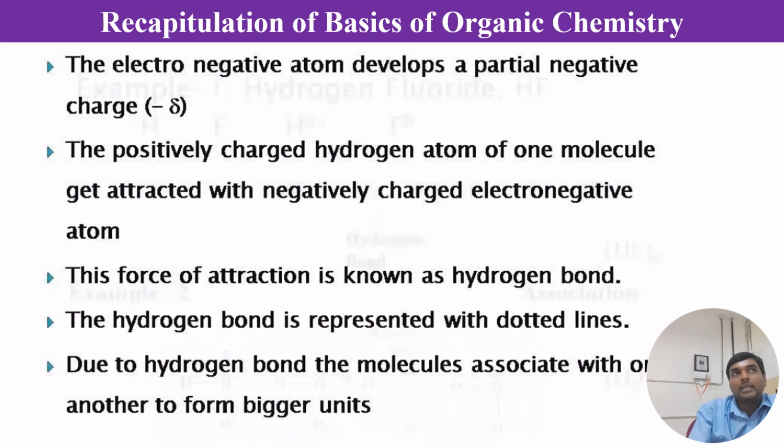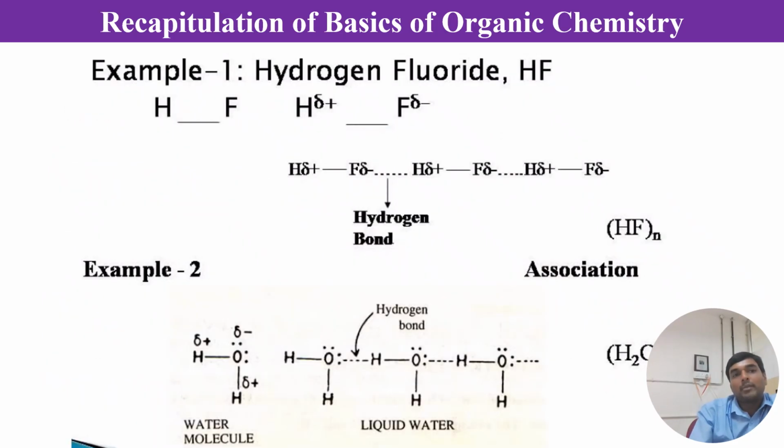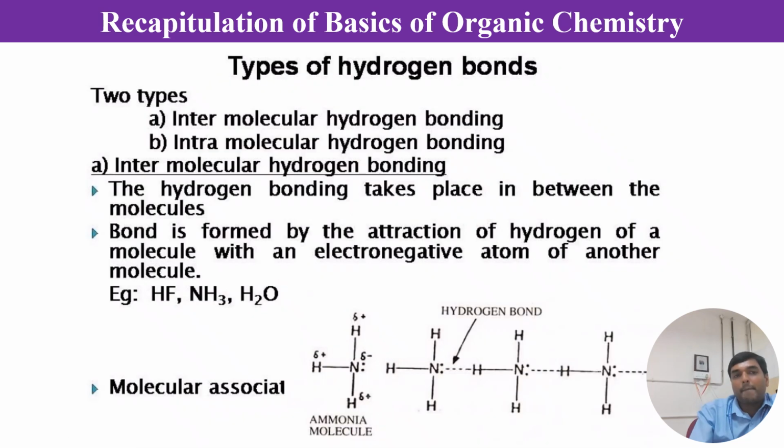Hydrogen bonds are very directional, with a bond angle close to 180 degrees, and if there is a highly electronegative atom, then that bond will be very strong. For example, hydrogen fluoride forms a very strong hydrogen bond, and the water molecule can easily form strong hydrogen bonds because the electronegativity difference is quite high.